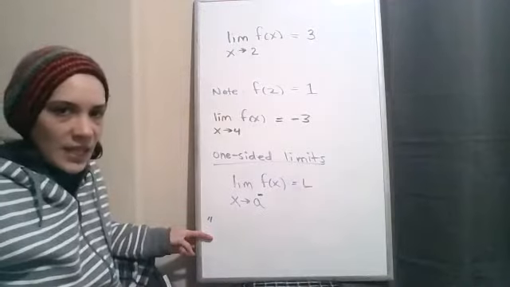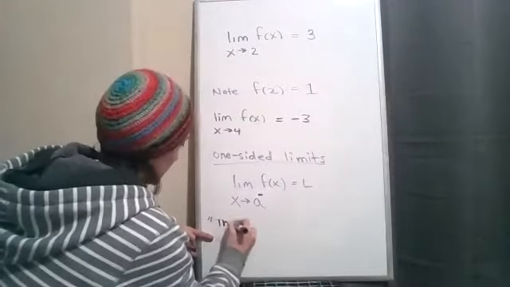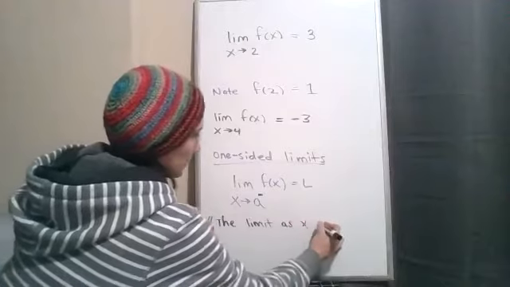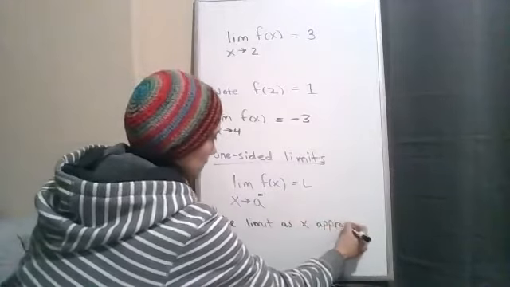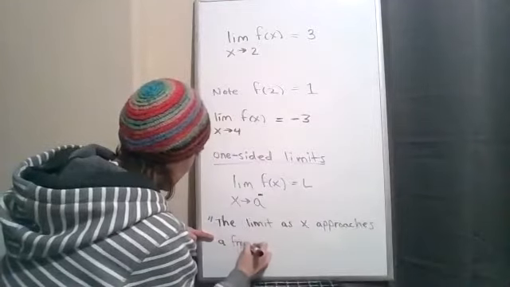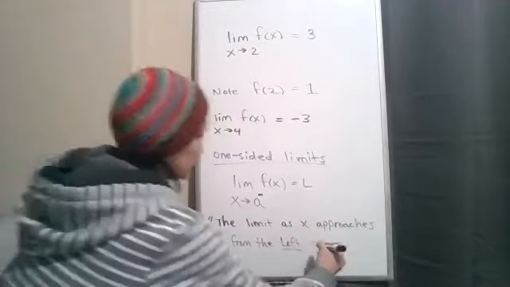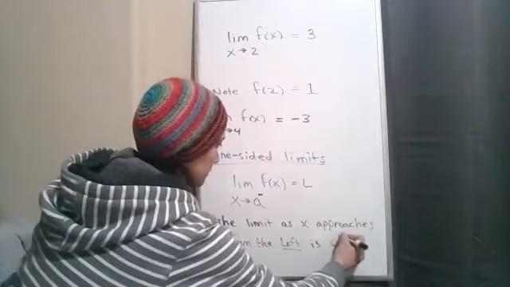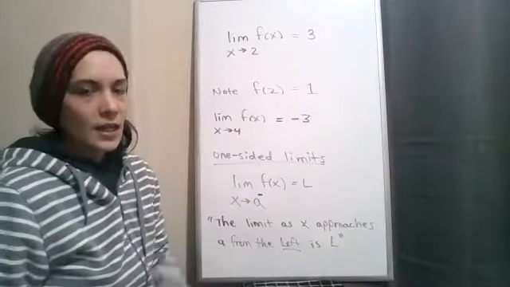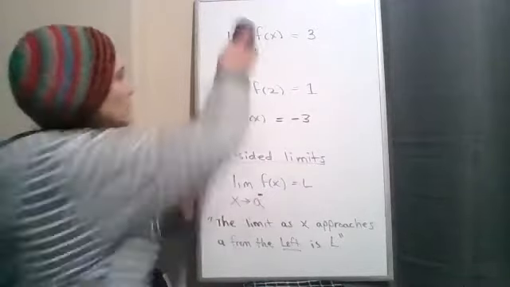So this says the limit as x approaches a from the left will equal L. Now we go on to the right, where you have a plus sign as the power.